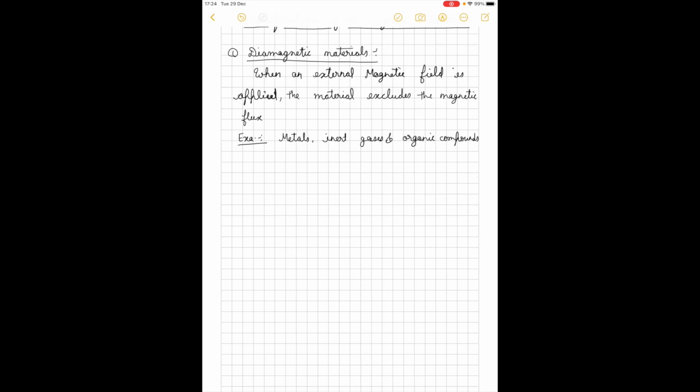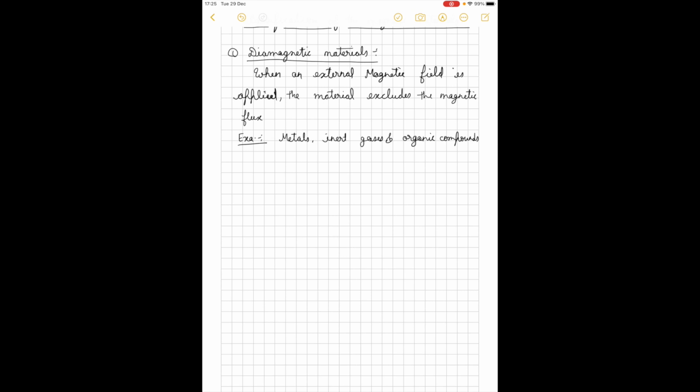Diamagnetism is basically the property which comes from the orbital motion of individual electrons in the presence of a field. I'm saying that the material expels the flux lines, so one can think of why this is happening. It's actually like Lenz's law, if you remember.